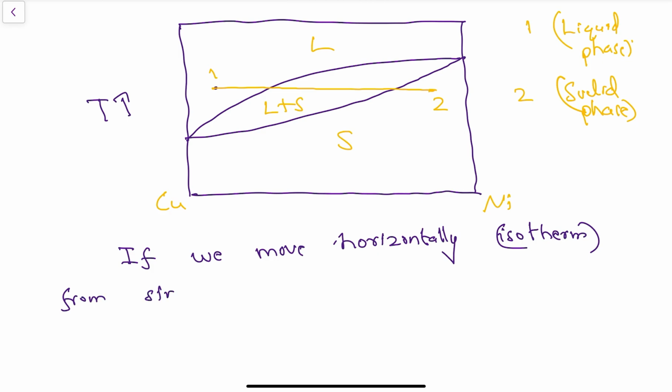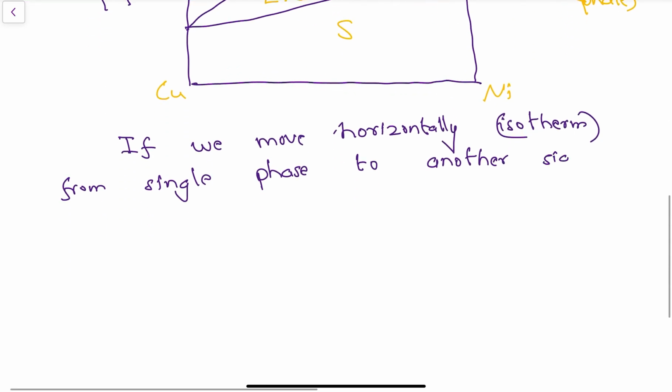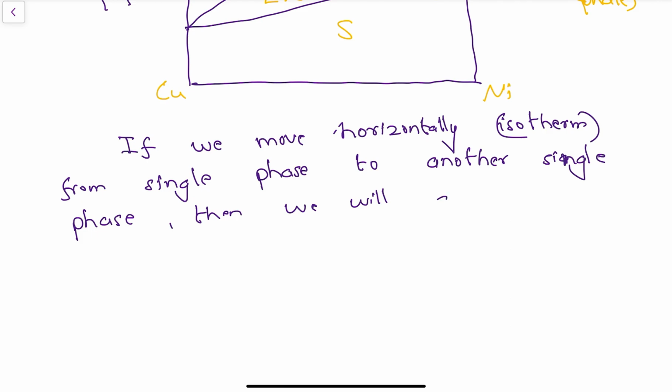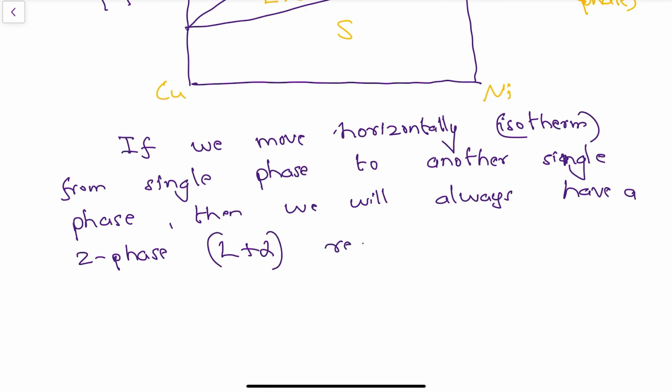So if we move from one single phase to another single phase, then we will always have a two-phase region, that is a liquid plus alpha region, in between. So this is what the 1-to-1 rule states.